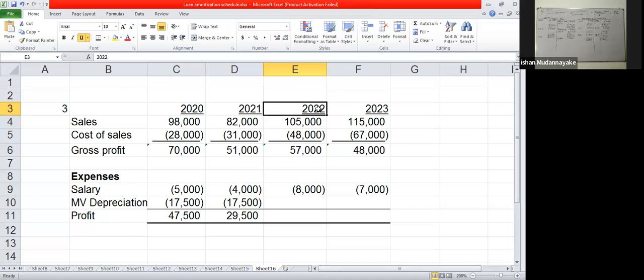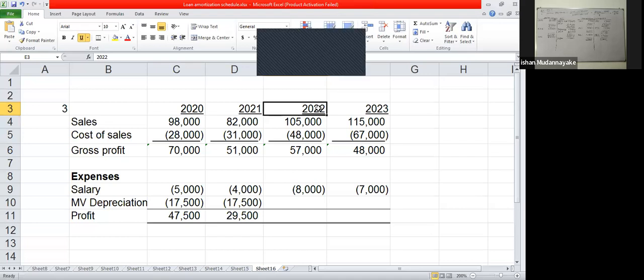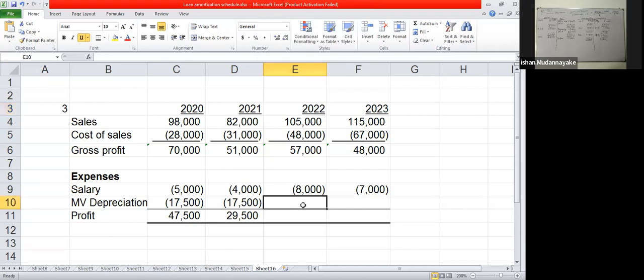Year 2022. Go to the year 2022. Depreciation 70,500. And after that, total profit how much?